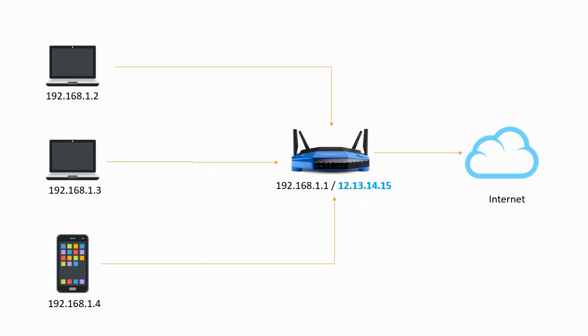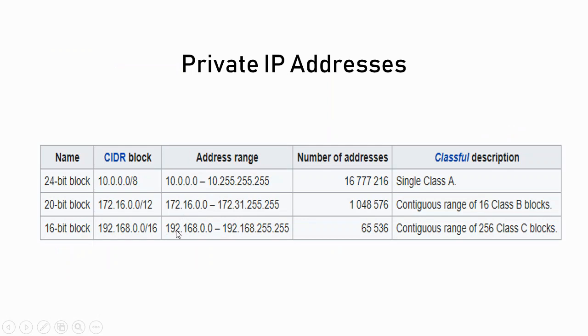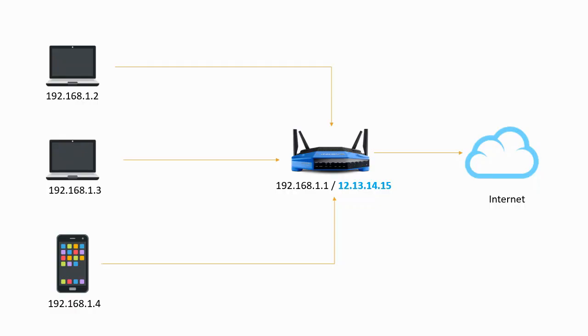In case these IP addresses are familiar to you, it is because the 192.168 IP range, the 172.16 IP range, and the 10.0.0.0 IP range are all reserved for private IP addresses. Based on your home router, you should have one of these private IP addresses assigned to your laptop or mobile device in your home.